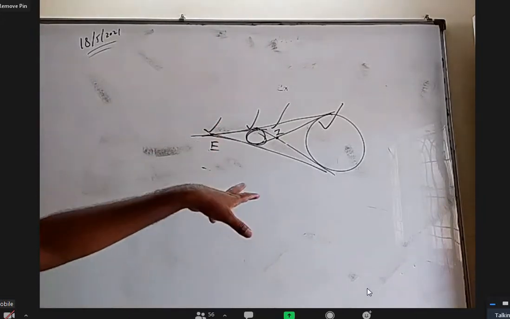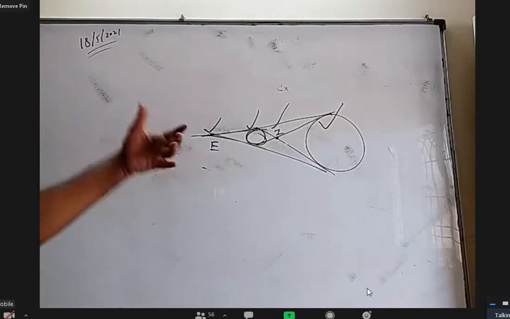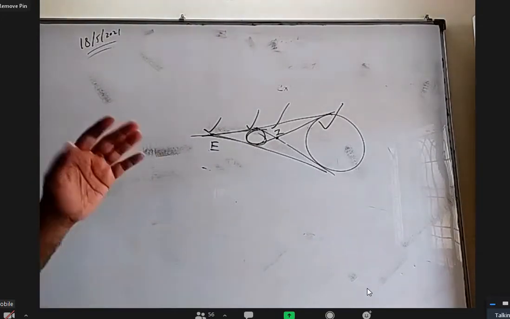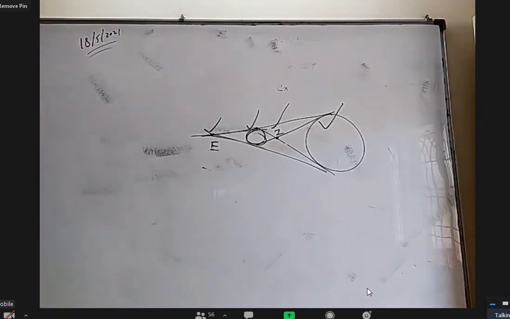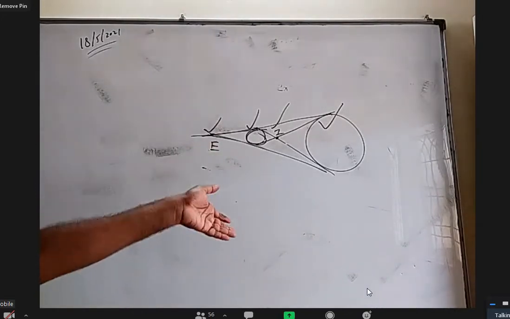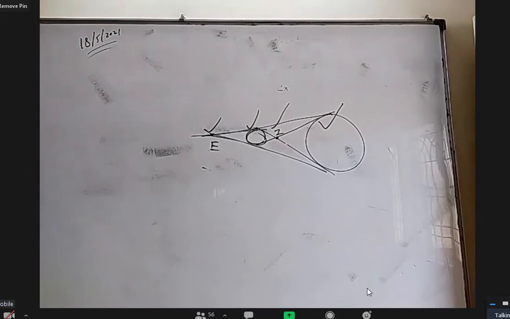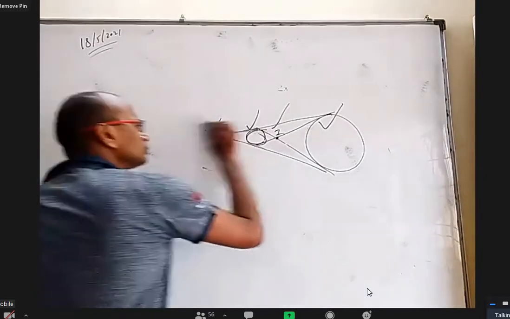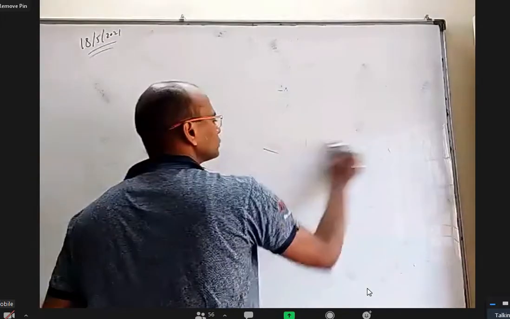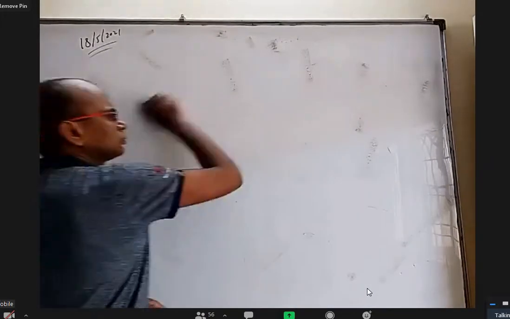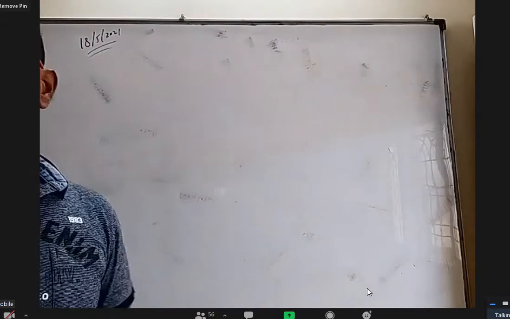In exercise 1D, you will find quite a few questions about finding direct common tangents. If they ask direct common tangent, first you have to find E and then do this process. If they want transverse common tangent, first you have to find I and do this process. All right. Okay. One small thing may not be so important, but it may save some time.